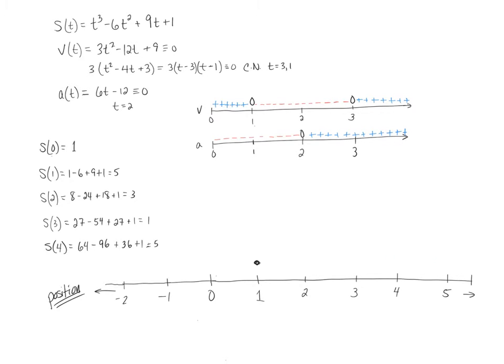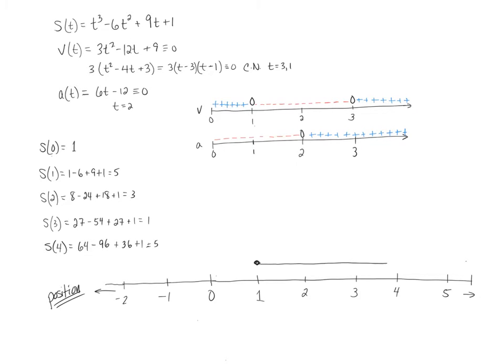So I'm going to put a dot here to show that our object went all the way over to there. Actually, I think what I'll do is show that it's going to turn around there at position 5. Actually, that's a pretty lousy line, so I'm going to make that go again.